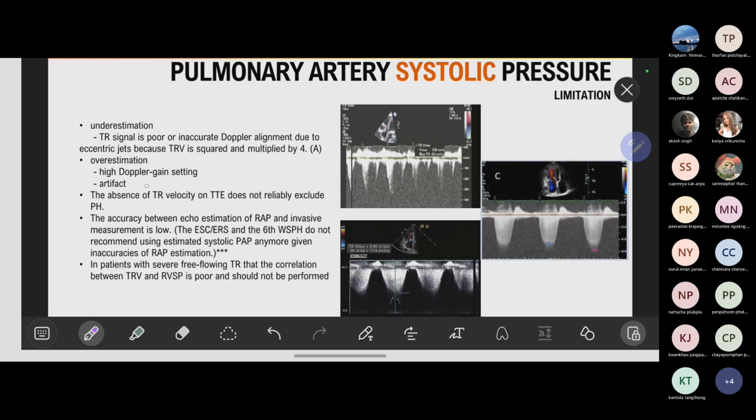It can result in overestimation when artifact is present, and overestimation due to overgain setting. The absence of TR velocity does not reliably exclude pulmonary hypertension.